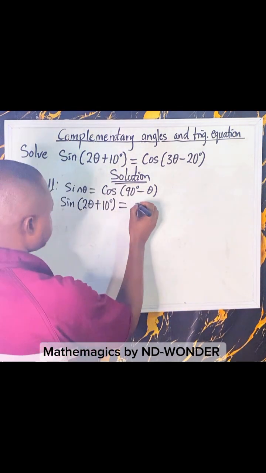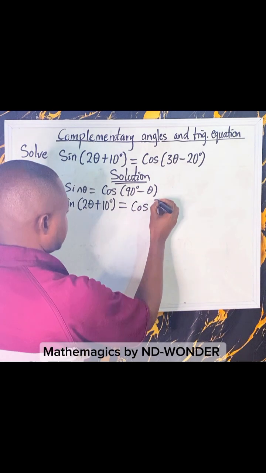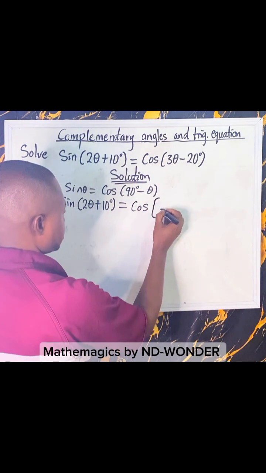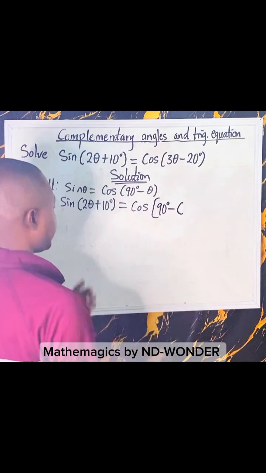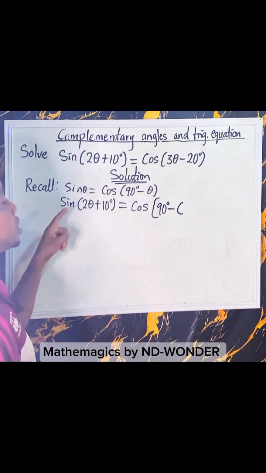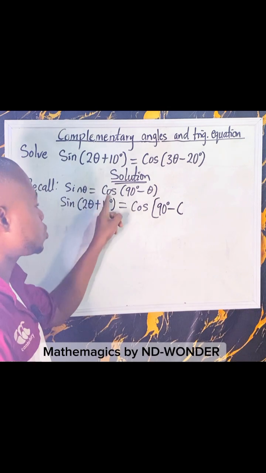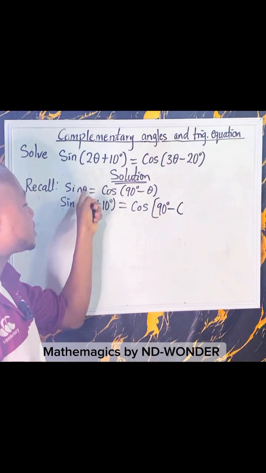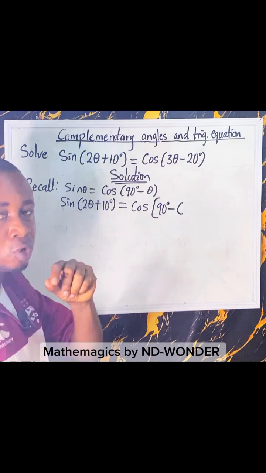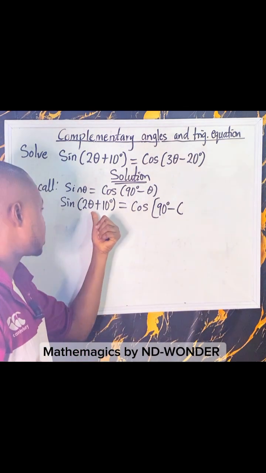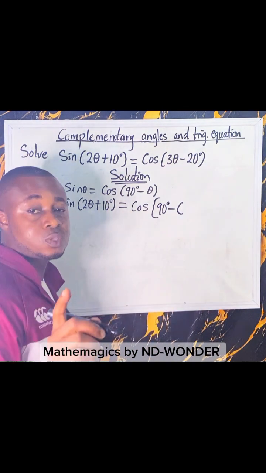Since sin θ is equal to cos(90° − θ), that means sin(2θ + 10°) will be cos(90° − (2θ + 10°)). That is what it implies.